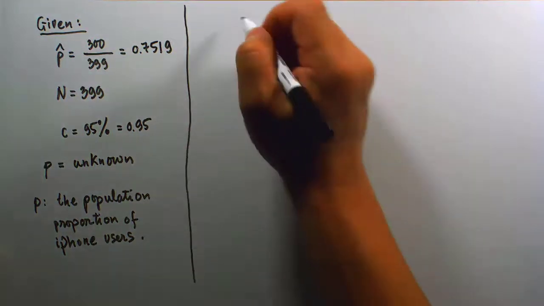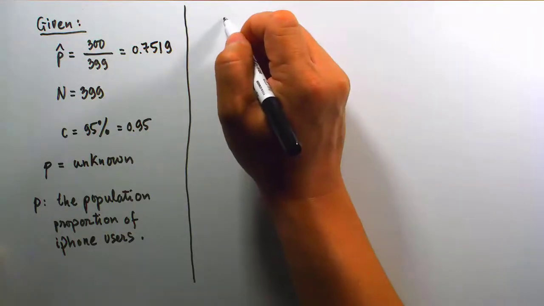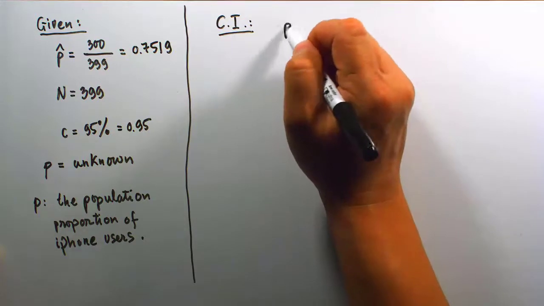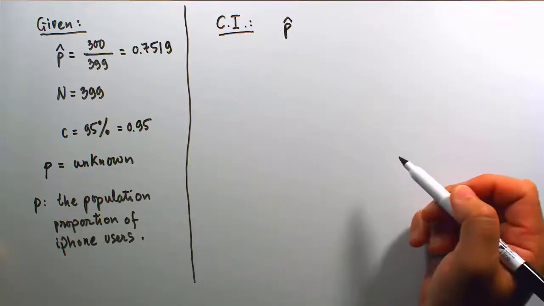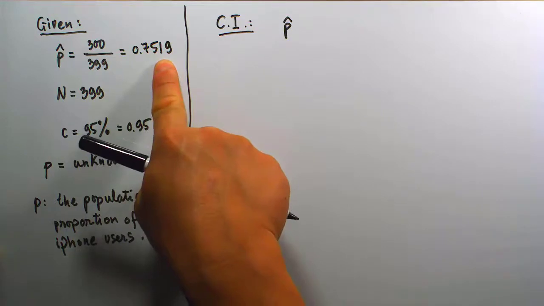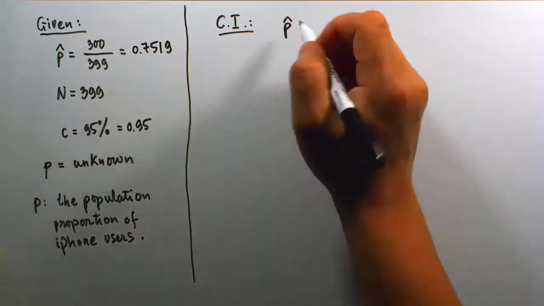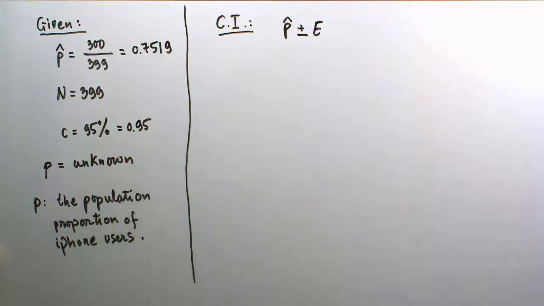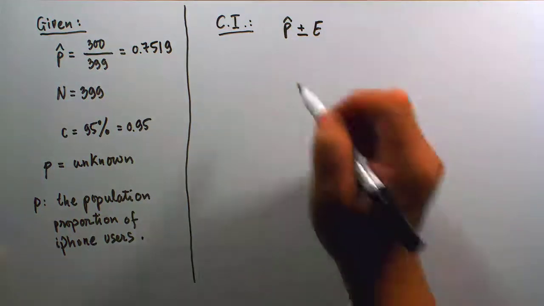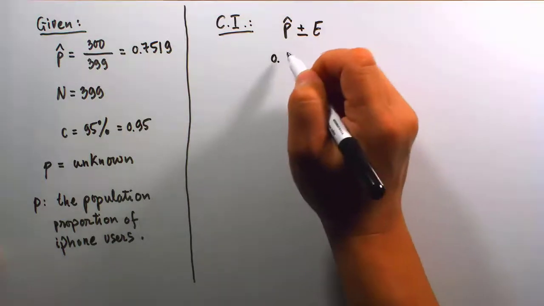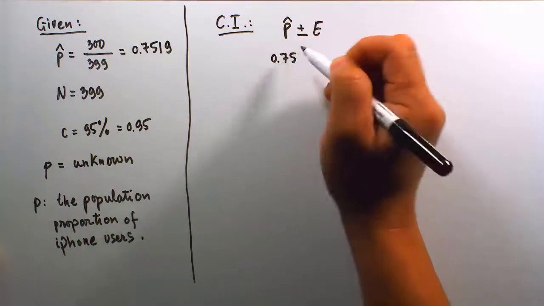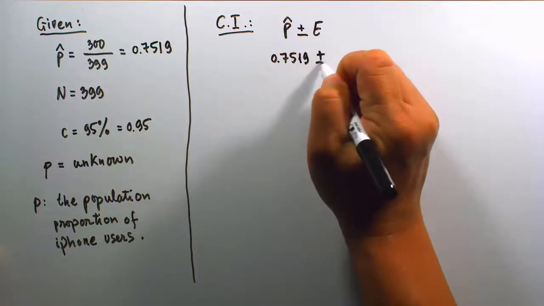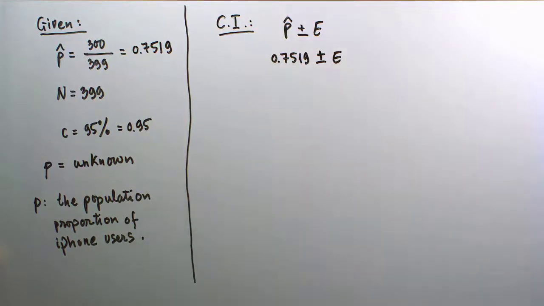All right, so once again, our confidence interval ultimately is going to be from where our sample proportion currently is, which is a new sample proportion value. But then we need to figure out how much margin of error up and down from where our p-hat value is. So from our sample proportion being 0.7519, I am going to figure out a margin of error up and down from there.